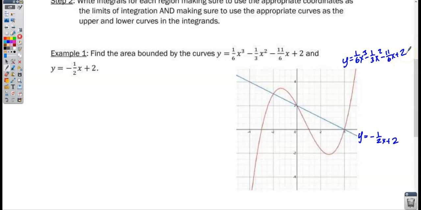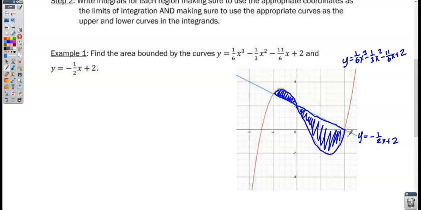As I look at these two curves, they cordon off two regions. This region right here, and this region right here. So when we're finding the area, we need to find the area of each of these two regions.